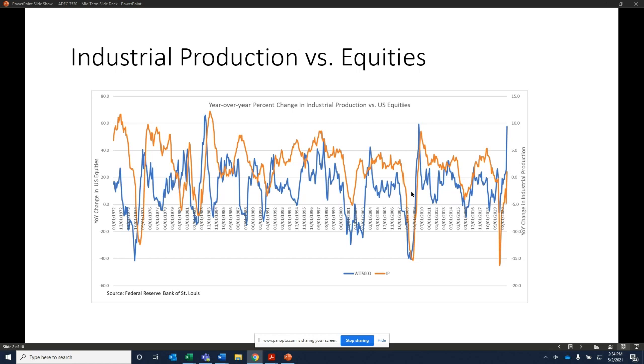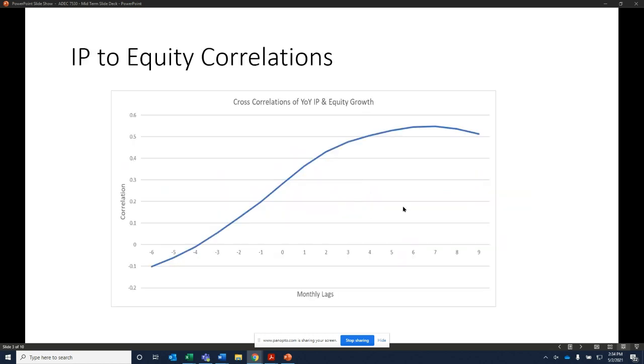The other important aspect, as we mentioned with leading indicators, is that equities tend to lead industrial production. So the question is, how much does it lead? I put together what's called a cross correlation. This shows the correlation between the year-over-year changes in industrial production versus equities with different lags.